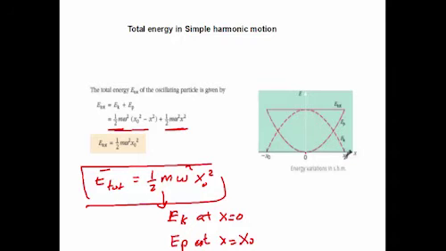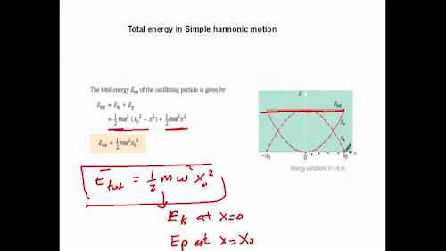So here, at any point, the kinetic energy plus the potential energy will give us the constant value of total energy, which is half m omega square x naught square.